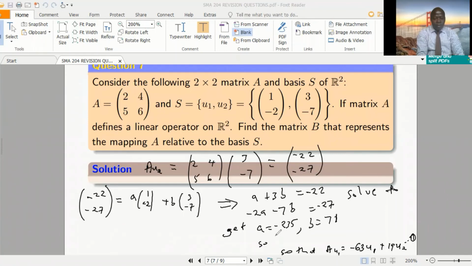So that A of U2 will be negative 235 U1 plus 71 U2. And this is our equation 2.